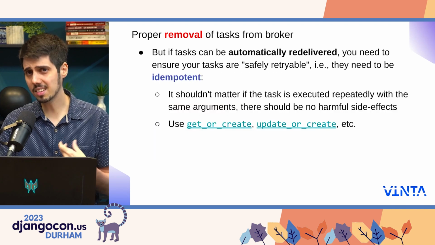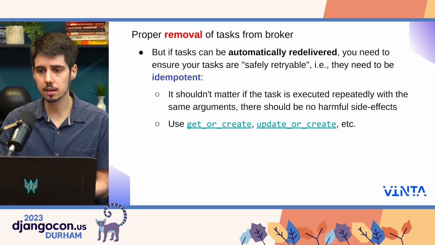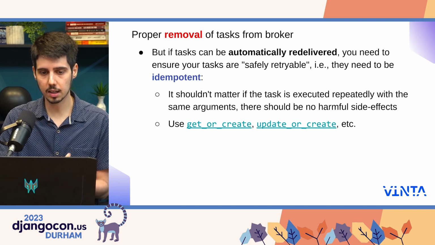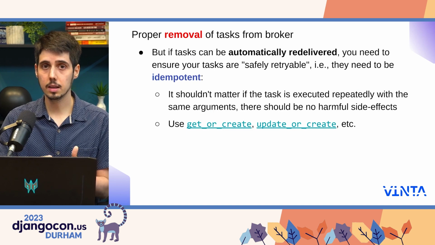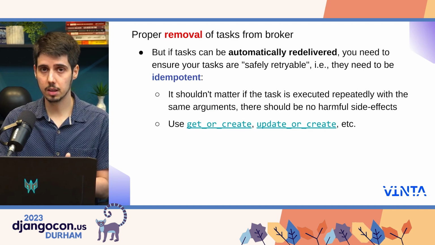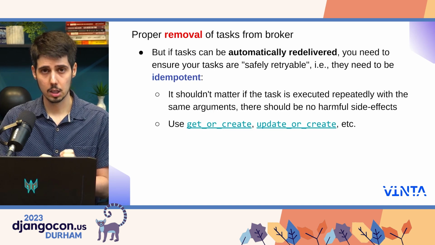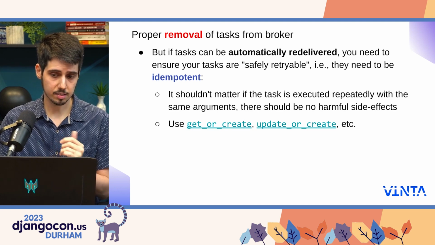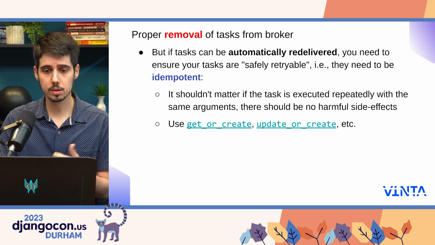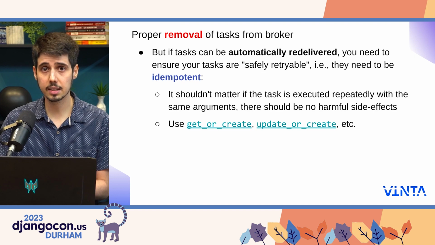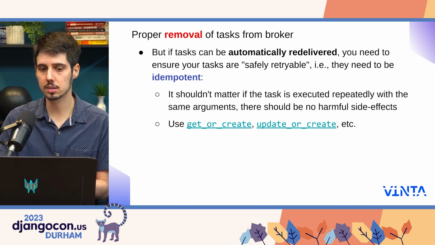Okay, but if tasks can be automatically redelivered, you need to ensure your task code is safely retriable. They need to be idempotent. Your code needs to be idempotent. It shouldn't matter if the task is executed multiple times with the same arguments, there should be no side effects. That's what idempotency means.